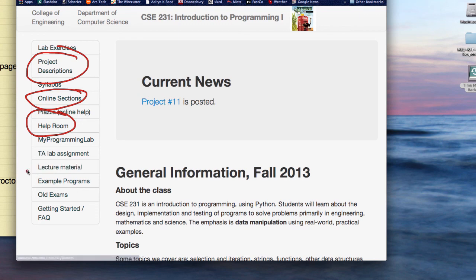For the students on campus, all the slides are put up. They may be of use to you. When it comes time to exam time, we have all our old exams online for you to look at, and then the example programs that we include in there, and some frequently asked questions. So there's a variety of things on the general course page that will be helpful to you.